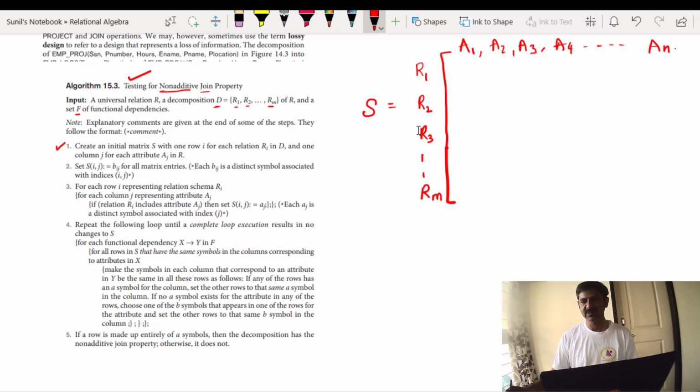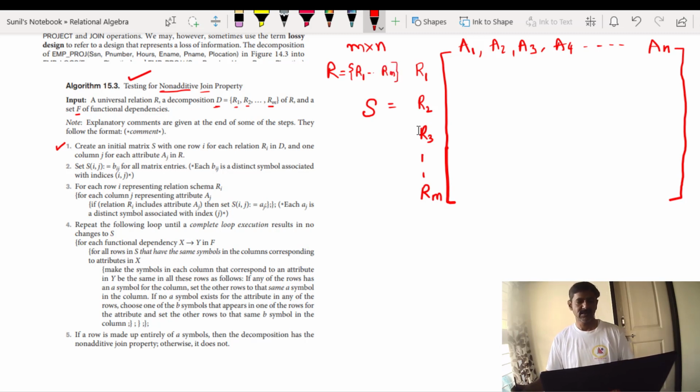Some of these attributes may appear in more than one subrelation, and that is perfectly fine. So the first thing to do is to create a matrix of size m by n, where m is the number of decomposed relations and n is the number of all the attributes in the universal relation R, which is made from all these subrelations R1 to Rm.